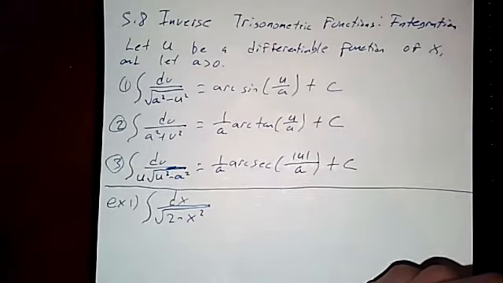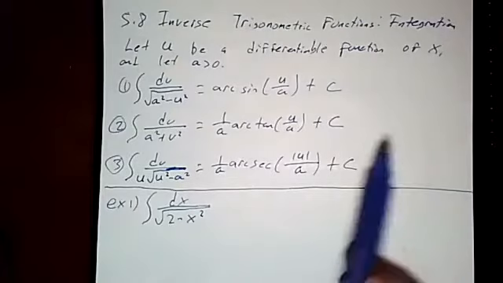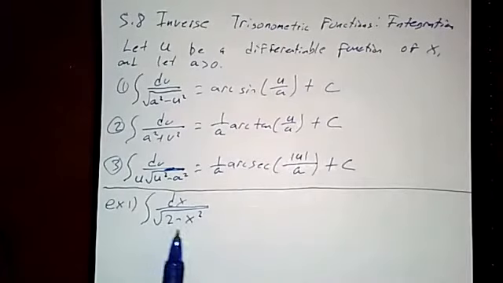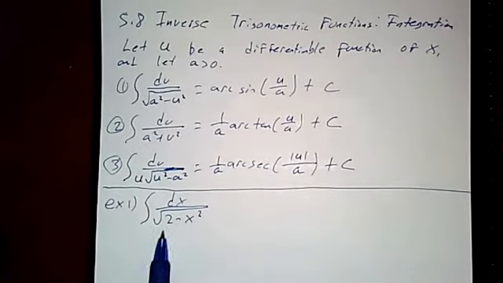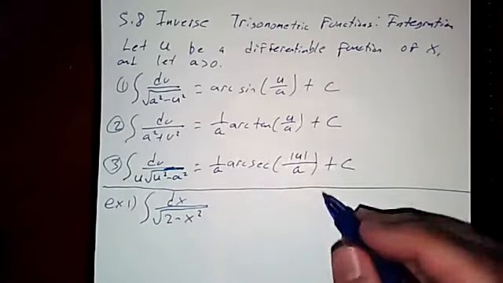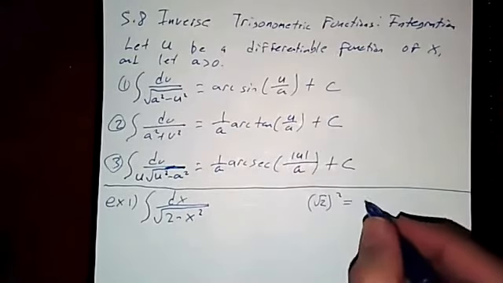The first one, because a is some number and u is a variable. This is like my a squared minus u squared, except the number is not a square, so we have to force it. Technically, we can rewrite 2 as square root 2 squared.